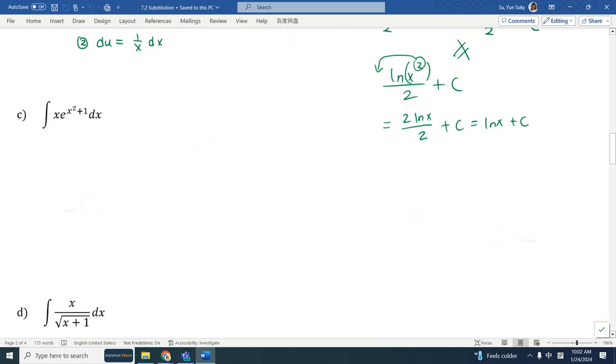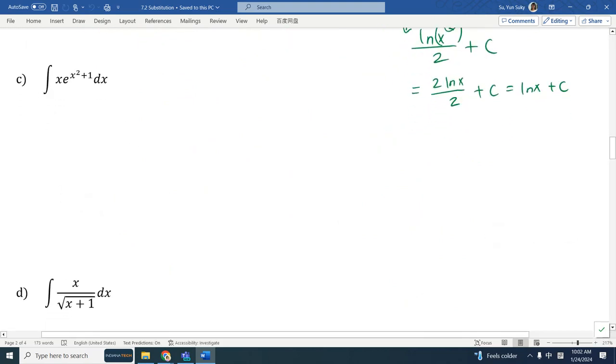Okay, so let's continue. Part C. What is the inner function? How about we make the problem harder. Instead of just x squared plus 1, let's do 6x squared plus 11.